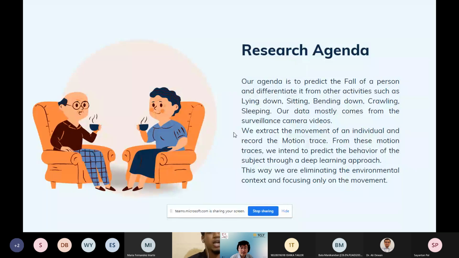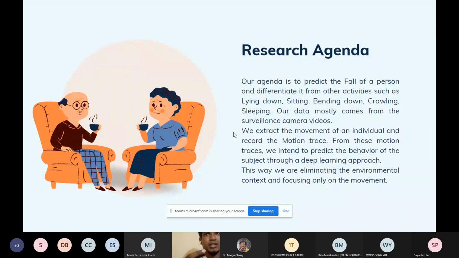There are many approaches out there for fall detection, but what we are focusing on is reducing the latency and the prediction time, so how quickly we predict the fall of a person. To predict the fall quickly, we have to reduce the processing constraints. So we are developing an algorithm or architecture that takes very little time to predict the fall of a person.